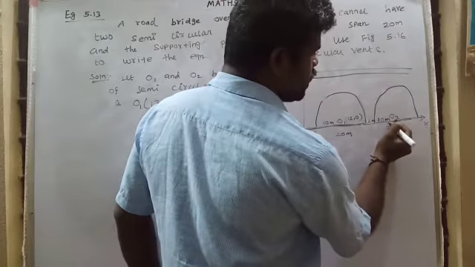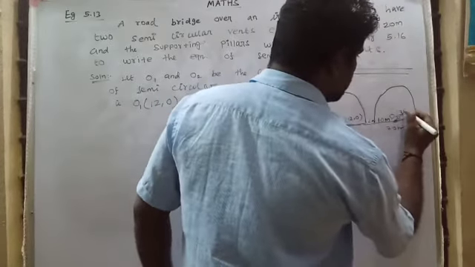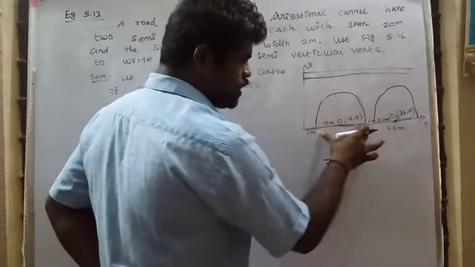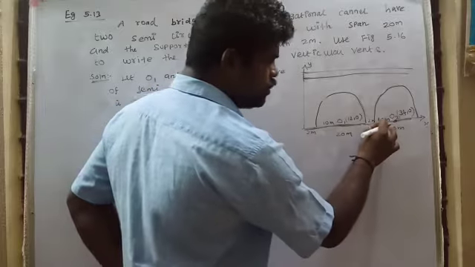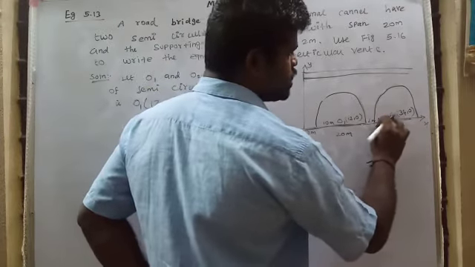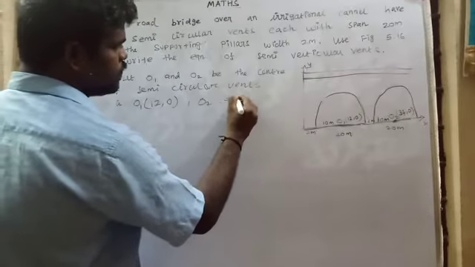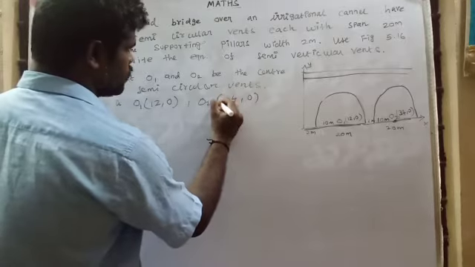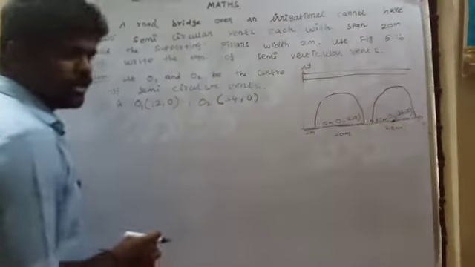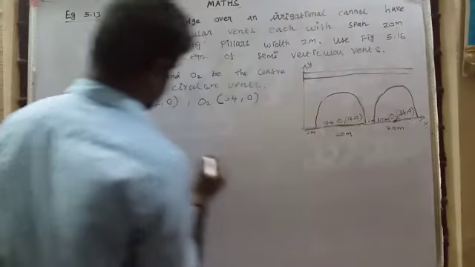Therefore O2 is 34, 0. This is 2 and this is 20, so 22 and 2 is 24, and the remaining circular radius is 10 meters. So totally 34, 0. Both circles have radius 10 meters.